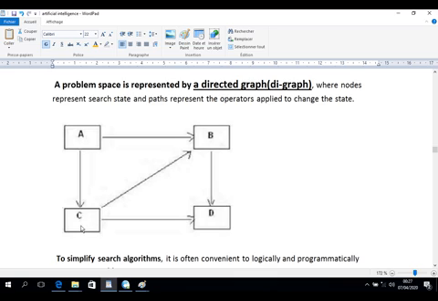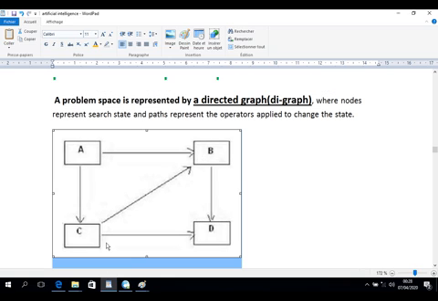You see, this is an arc between A and B, and it is directed. You see this arrow means that on this arc we move only from A to B. You see another arc between A and C, so we can move from A to C. So we cannot follow this link to move from C to A. No. So a problem space is represented by a directed graph where nodes represent states.